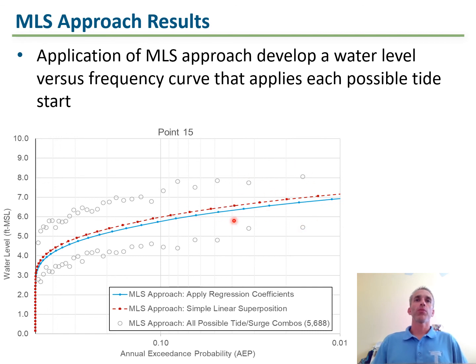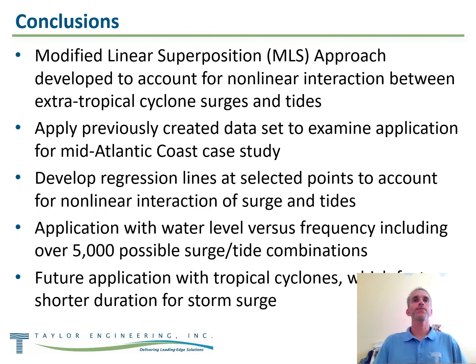The circles represent the fact that at each of those 30 storms, we have a maximum total water level out of our 5,000 different tide starts, and we also have a minimum maximum water level out of those 5,000 tide starts. This allows us to bracket where those results would be, and it shows the sensitivity to where if you were to randomly pick 4 or 6 or 8 tide phases, you may hit one of those extreme values.